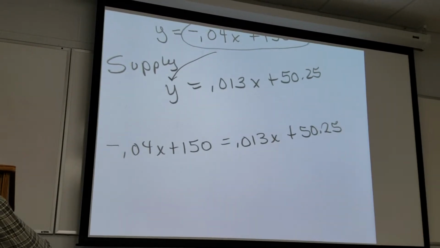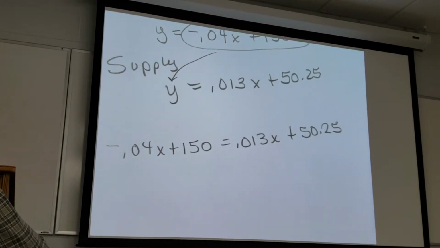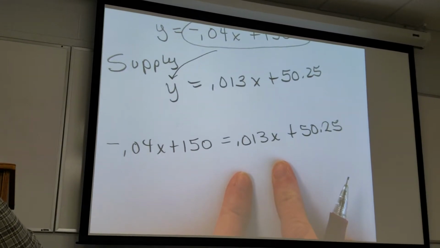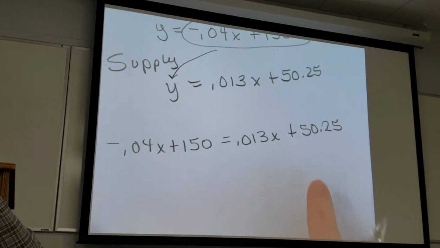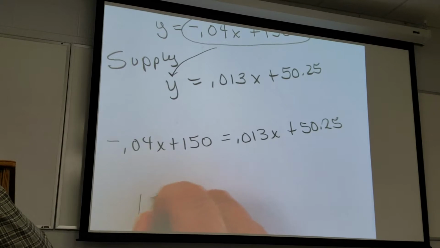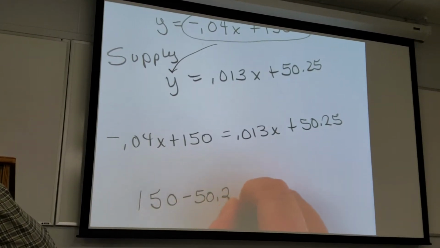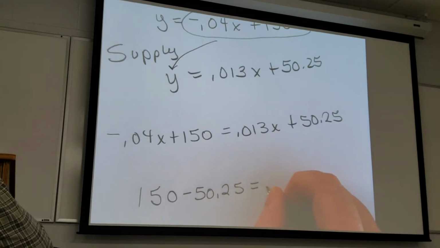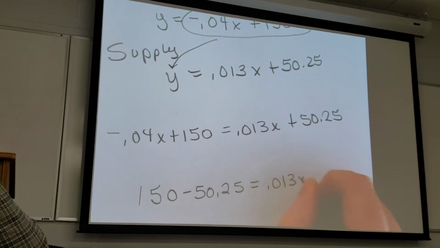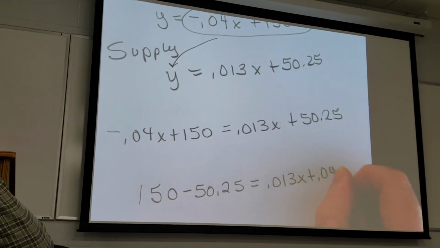Thank you. So I'm gonna have my variables on the right with the 0.013x and my numbers on the left. So I'm gonna have 150 minus $50.25 is equal to 0.013x plus 0.04x.